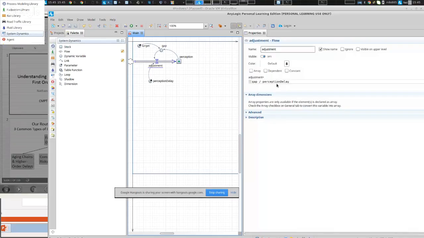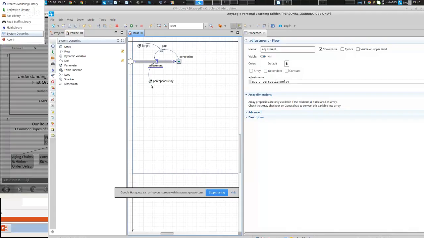Let's suppose, ladies and gentlemen, that the perception delay was huge. If we had a huge perception delay, how quickly would our perception adjust to follow the target? Very slowly, because perception delay is going to be really big, and so gap divided by it is going to be really small. And so our perception will adjust, but only very slowly.